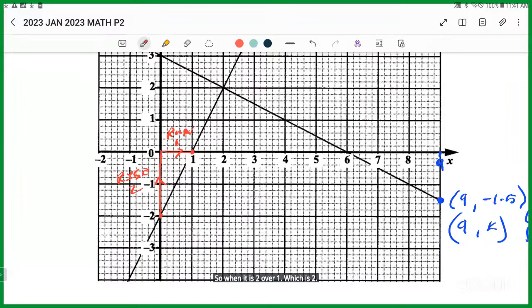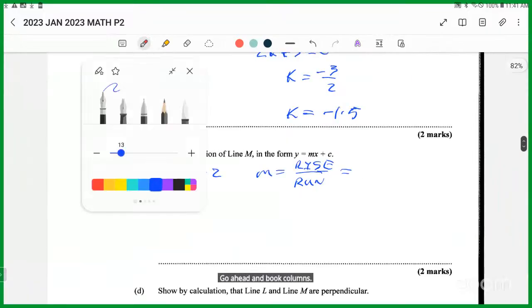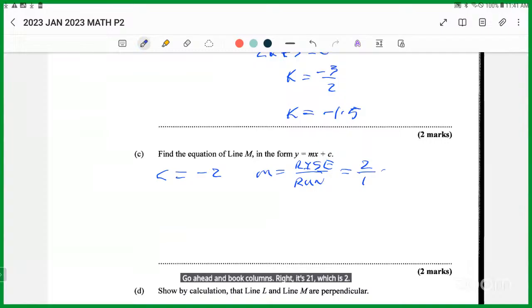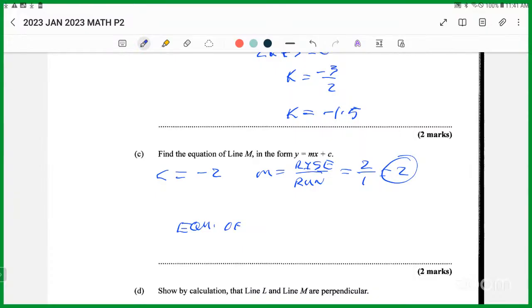Rise 2, run 1, which is 2. So if you know the c and the m, you can put them in this. So the equation of M is y equals, the m is 2, times x plus c, and the c is negative 2, so you can write minus 2 here. And that's the equation of line M.